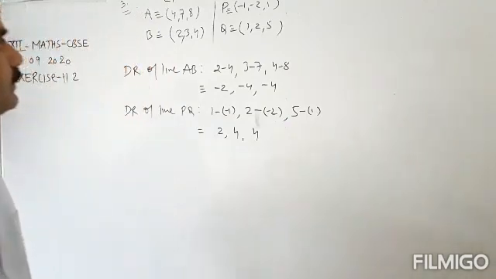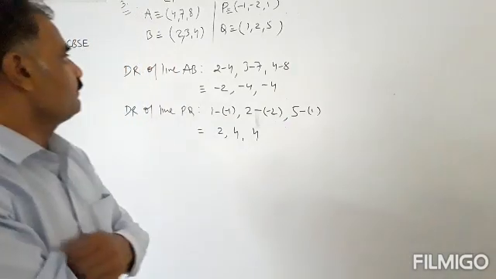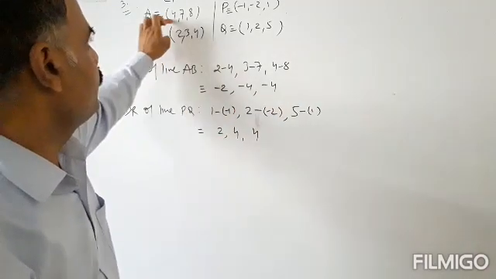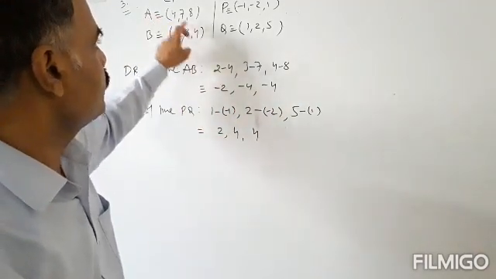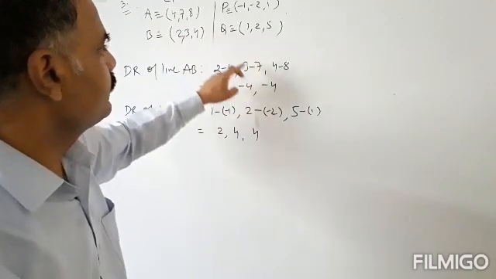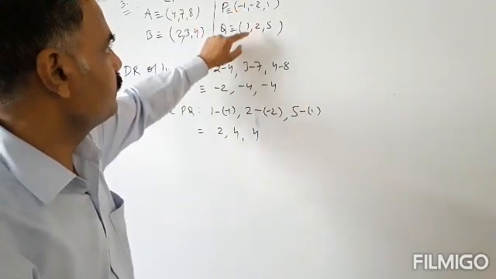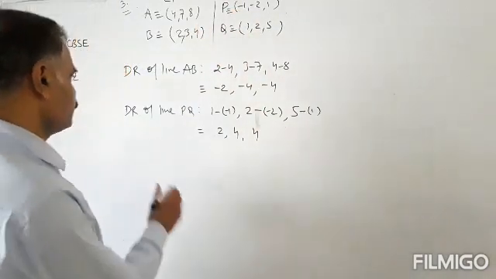These are the direction ratios of line PQ, and these are the direction ratios of line AB.